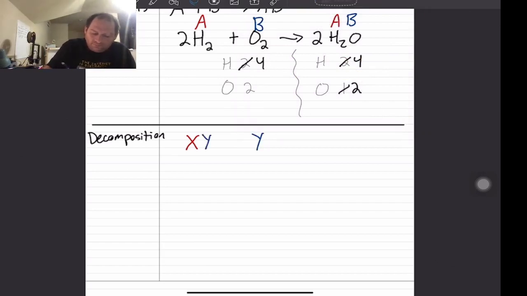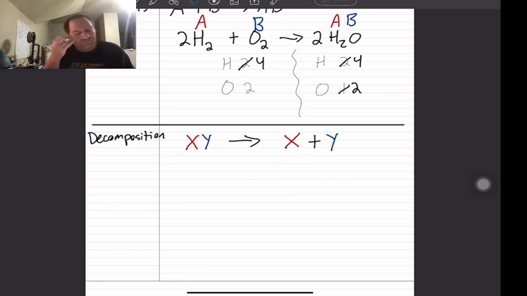X and Y. They're together, and they're going to break apart. So X and Y are together. As they react, they're going to break apart. I actually should probably put these like that. I don't know why I wrote it that way. It's 5 in the morning, that's why.